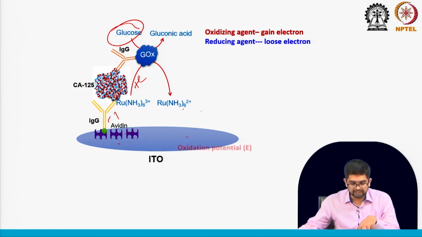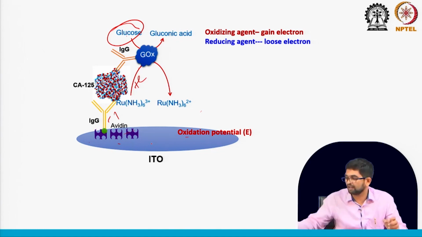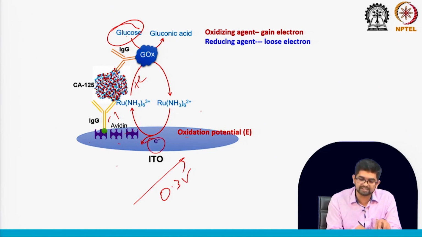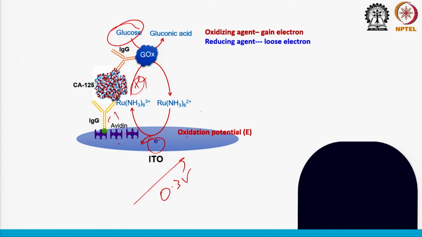Then we can apply some potential on the sensor surface, so that we can oxidize it, because we have to form a cycle. Suppose we are applying 0.3 volt. So, it can oxidize, it can release the electron, and again it will form ruthenium 3 plus. This ruthenium 3 plus again will get the electron from glucose after oxidizing on glucose oxidase.